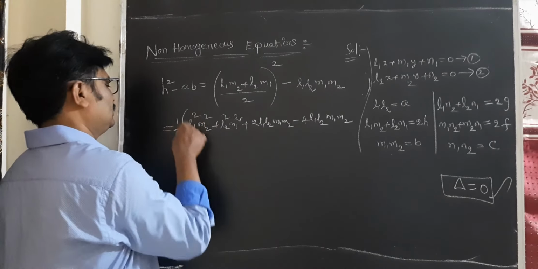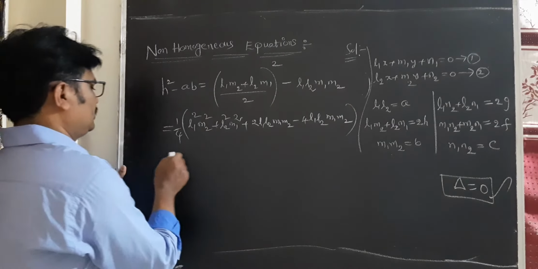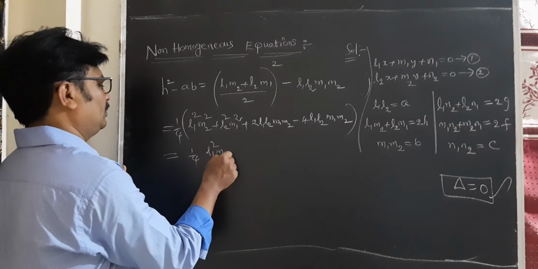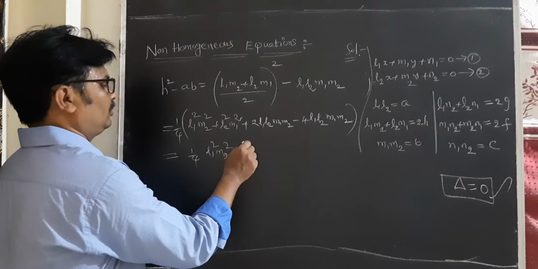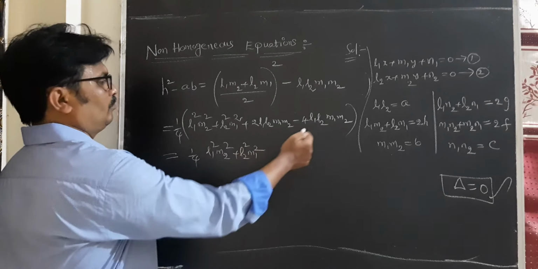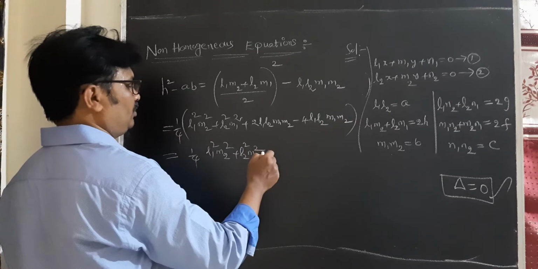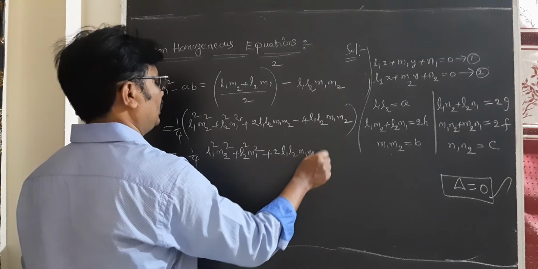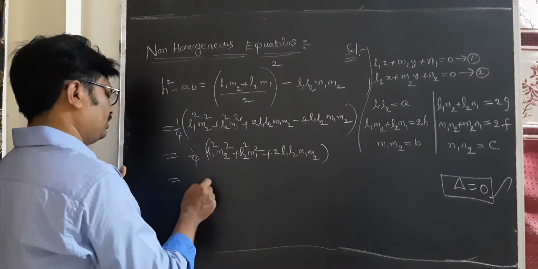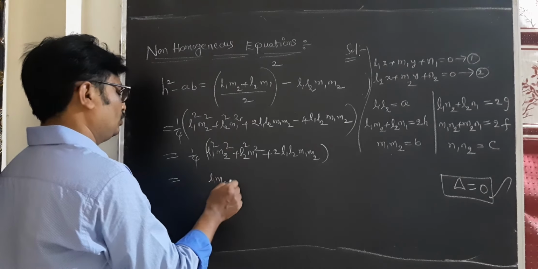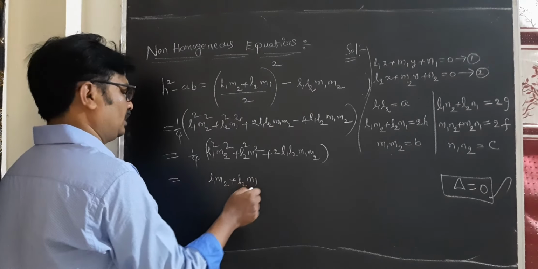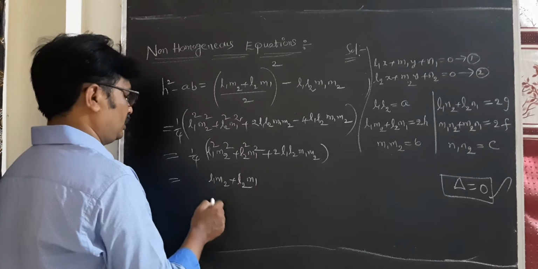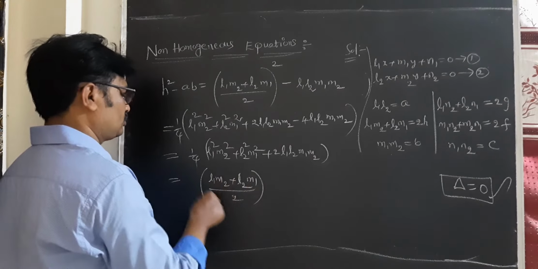Okay students, this is whole by 4. After that, students, 1 by 4 into L1 square M2 square plus L2 square M1 square minus 4ab plus 2ab, this is 2 L1 L2 M1 M2. Now students, this can be written as L1 M2 plus L2 M1, that is a square plus b square minus 2ab, whole by 2 whole square.